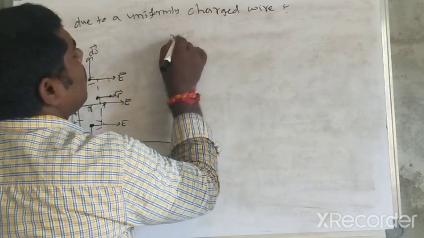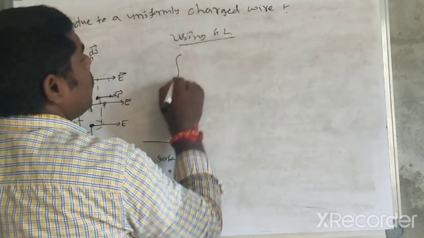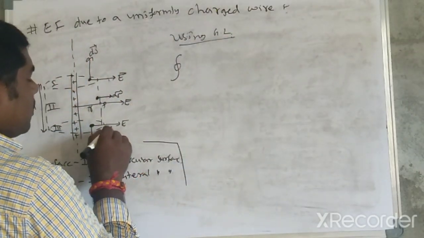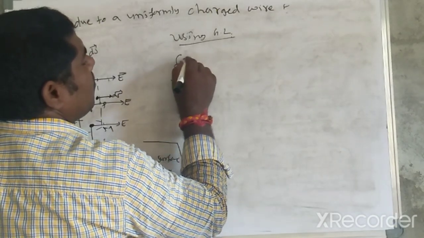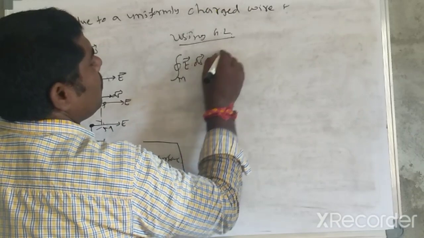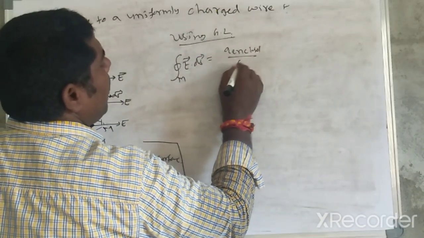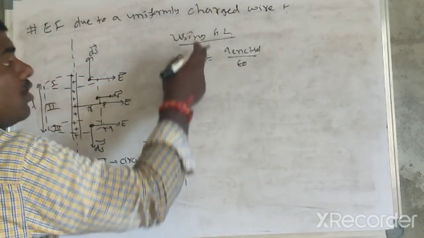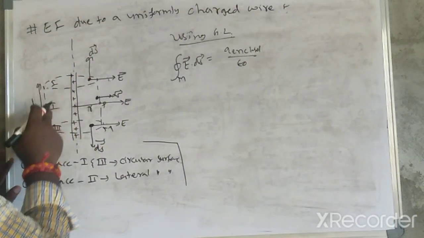So here you may apply Gauss law. Using Gauss law, the closed surface integral of E bar dot dS bar is equal to q enclosed divided by epsilon naught. Total enclosed, here total, nothing but how many surfaces are there? 3 surfaces.